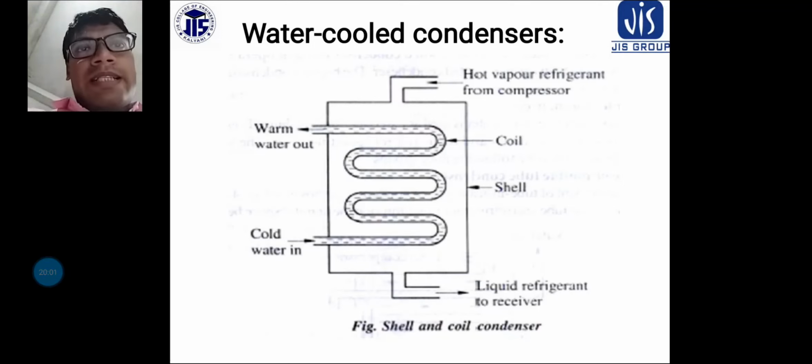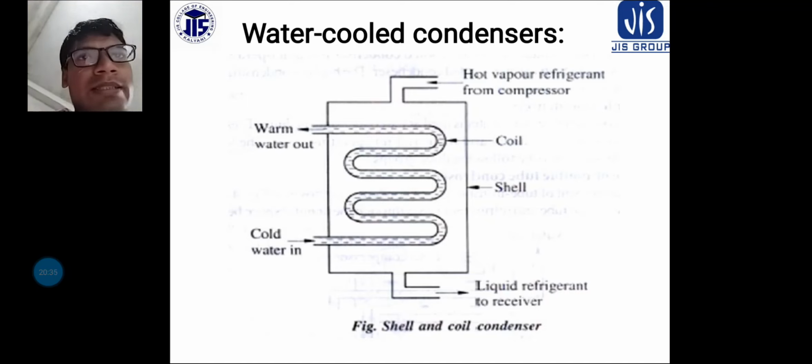Now let us discuss the shell and coil condenser. In the given figure you can see the shell and coil condenser. In a shell and coil condenser, vapor enters the shell, whereas the cooling water flowing through the coil causes condensation. The main advantages of such a condenser are simplicity in construction and high overall heat transfer coefficient due to the curvature.